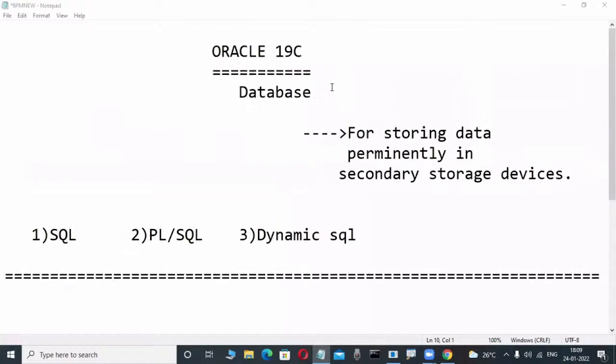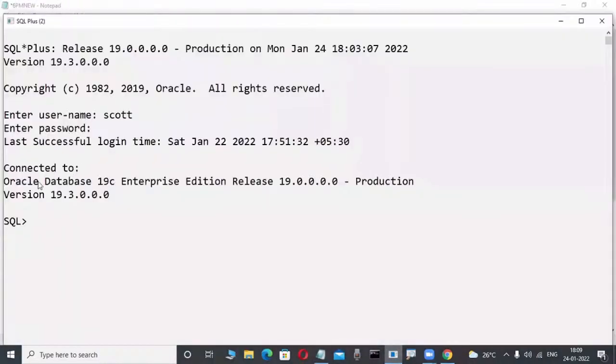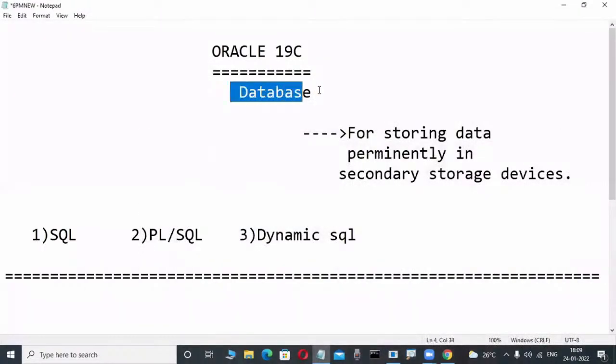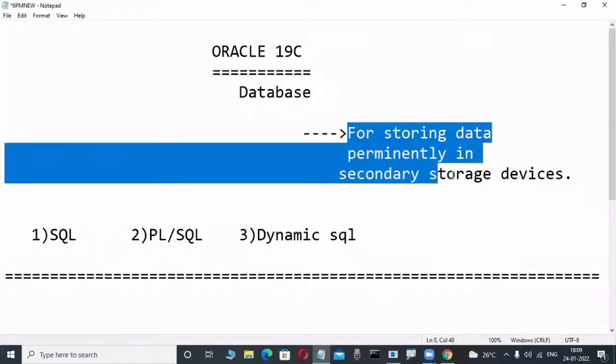Concentrate here. Anybody who did not attend the previous classes, don't be afraid, don't worry. Simple. Oracle is a product from Oracle Corporation. 19c is a version. This Oracle is a database product. This is just for the idea, for newcomers. What is the purpose of this database product? Storing data permanently in a hard disk.